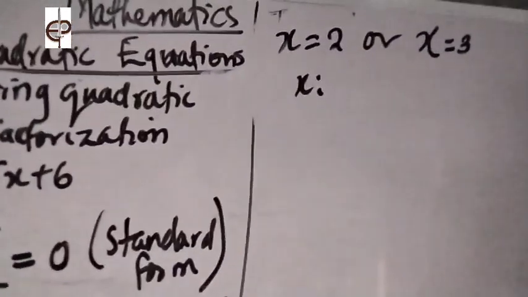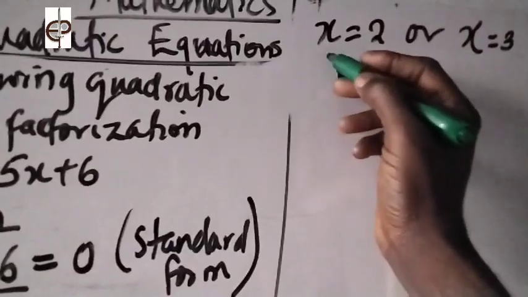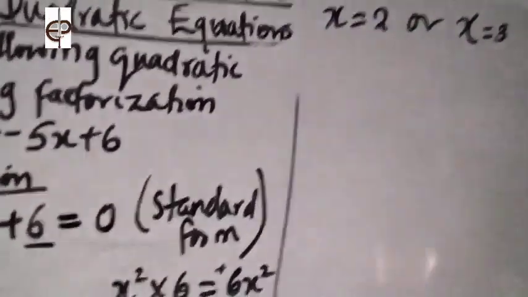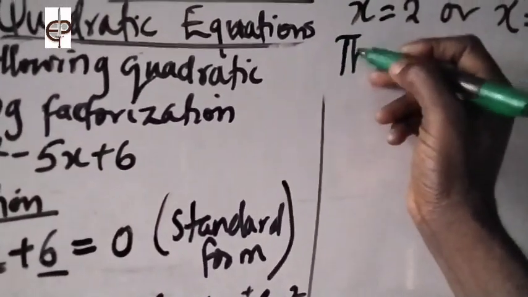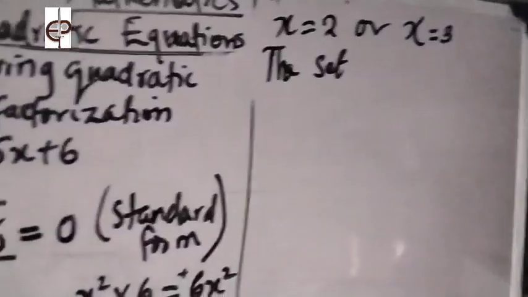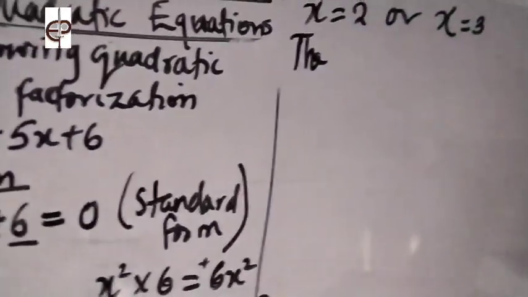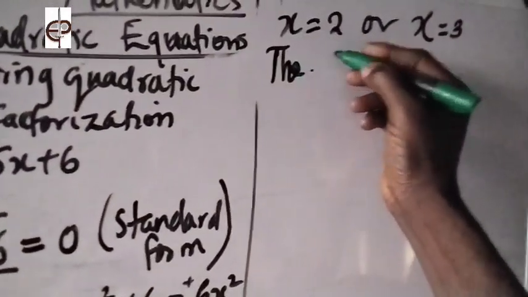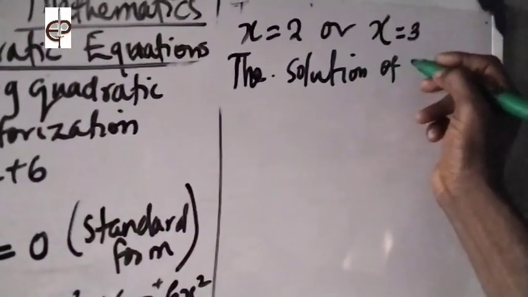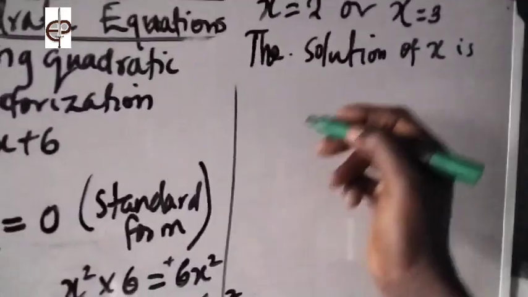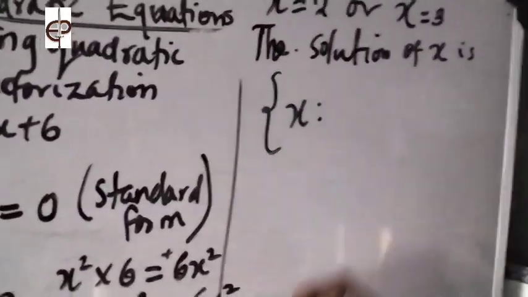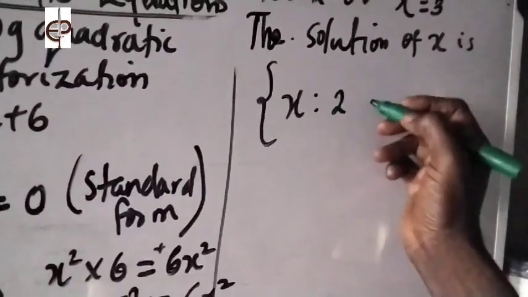the set of solutions of x. You can put it this way if you want. You can say the solution set of x is the set of x such that x is equal to 2.